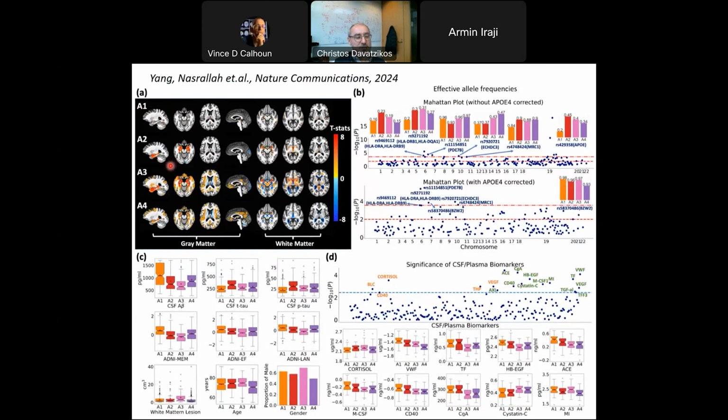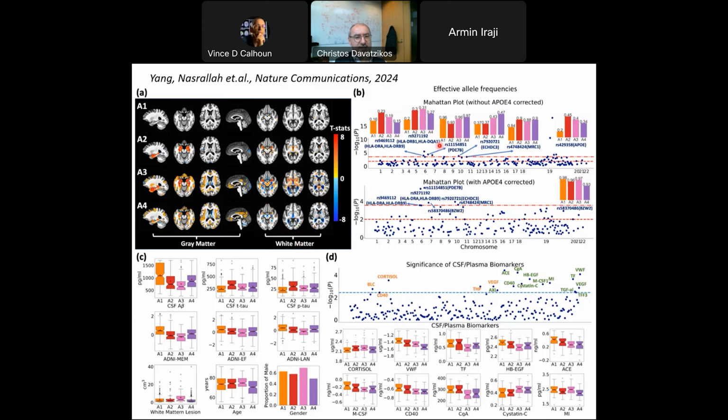The second one was associated with very strong hippocampal and medial temporal lobe atrophy, and also perihippocampal white matter atrophy. The third one was more advanced, and the fourth one had non-AD-like, non-specific atrophy in gray matter. White matter was actually not atrophied. It was only in this area here.